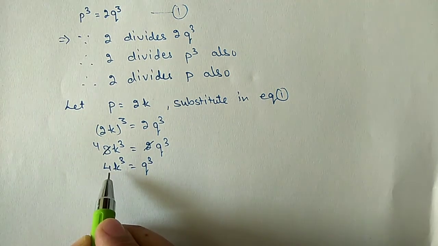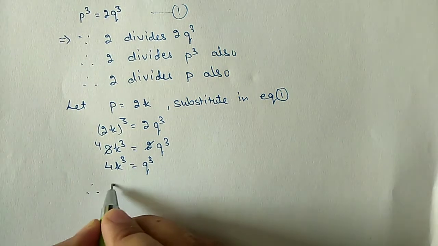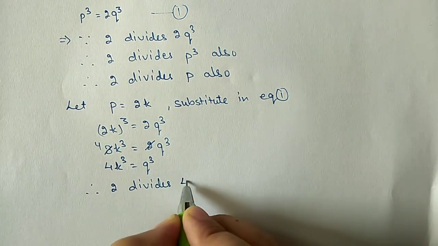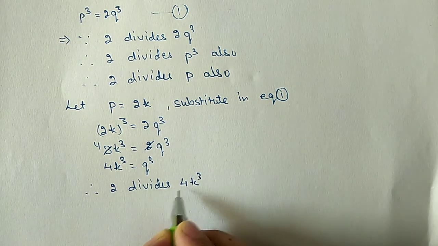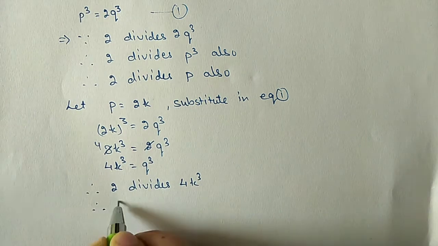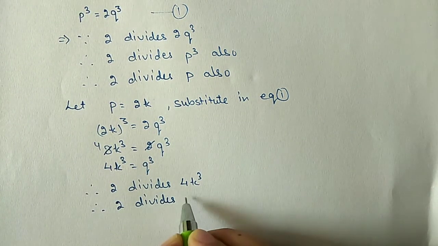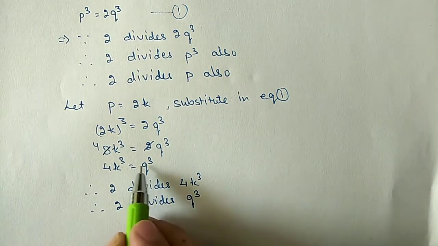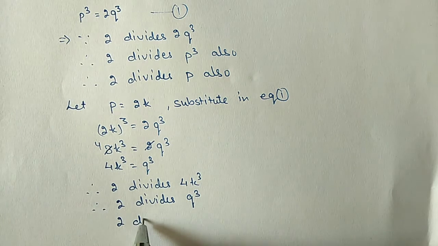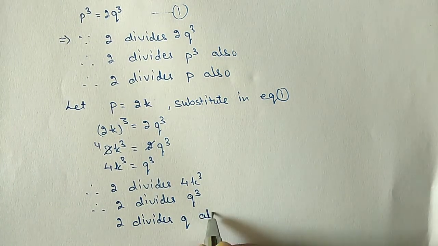So 4 is coming in 2 table, so it means 2 divides 4k cube, because 4 is coming in 2 table. So we can write, therefore 2 divides q cube also, because these two things are same, or we can write 2 divides q also.